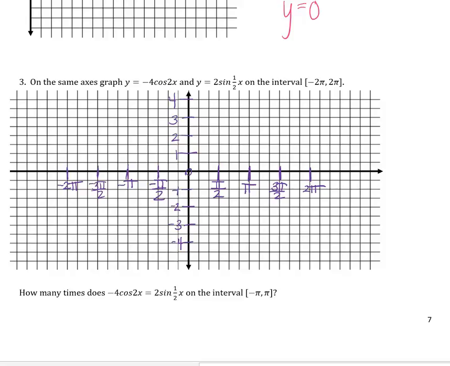Okay, so I'm all set up. Now let's graph this in pink. So I'm going to do 2 different colors here.